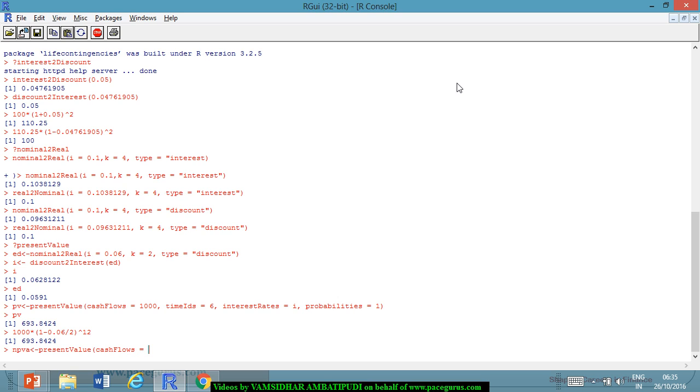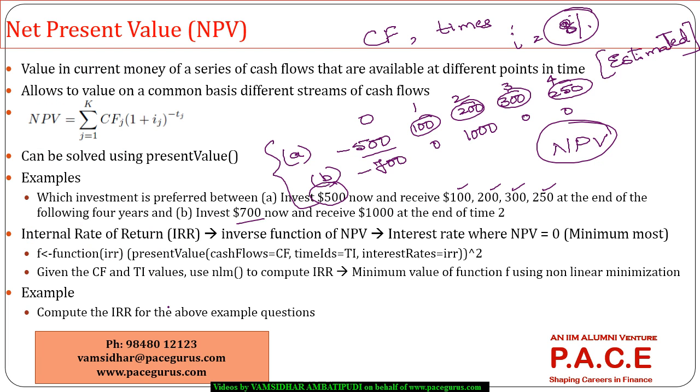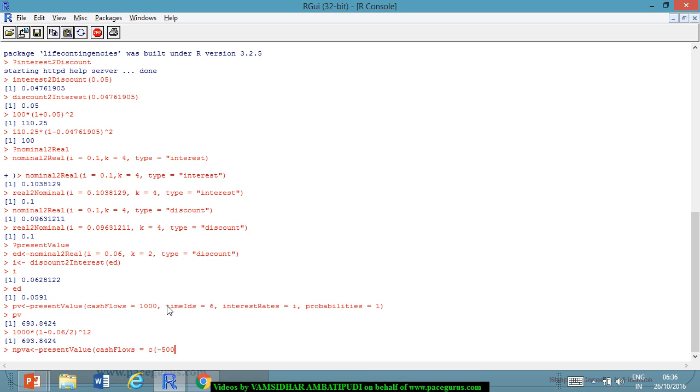Instead of directly giving 1000, if it were the same amount I could have given it like that, but here we have different cash flows in different periods, so it's better that we use a c function. So the first one is minus 500, then 100, then 200, 300 and 250. So we have taken these as the cash flows over each of the periods.